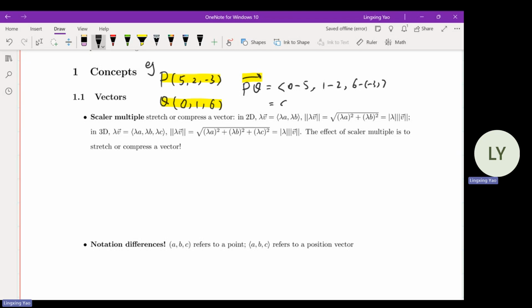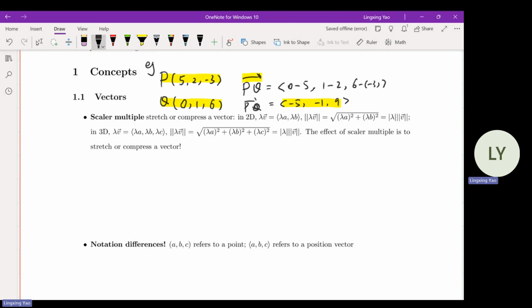So we have -5, -1, and 9 as the position vector for this PQ. Remember this position vector we're getting here is assumed to start at the origin and stop at the point Q prime, which has the coordinates -5, -1, 9.